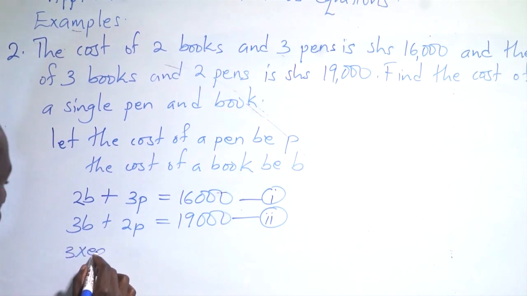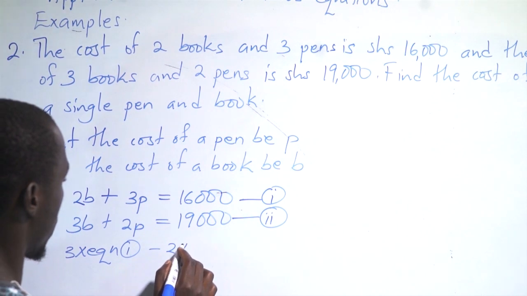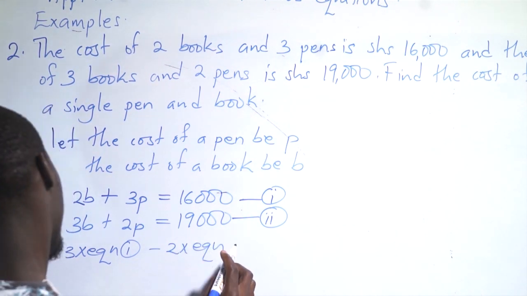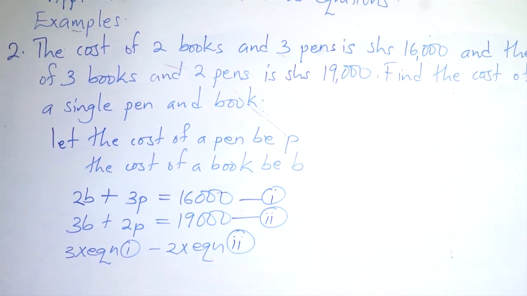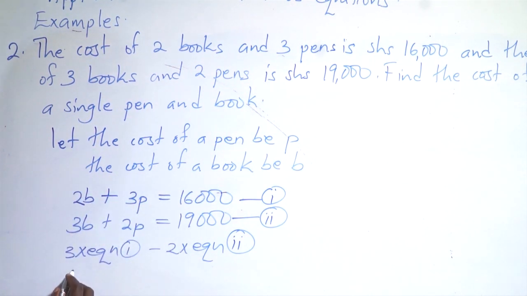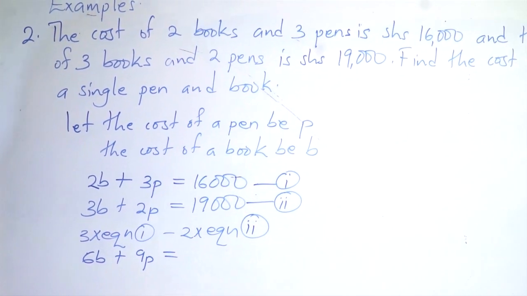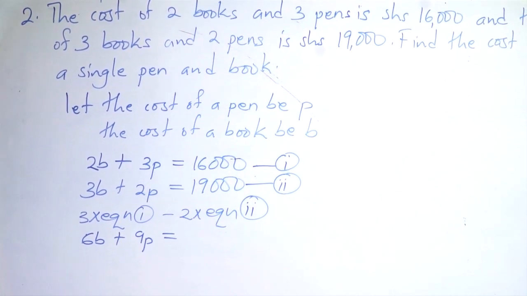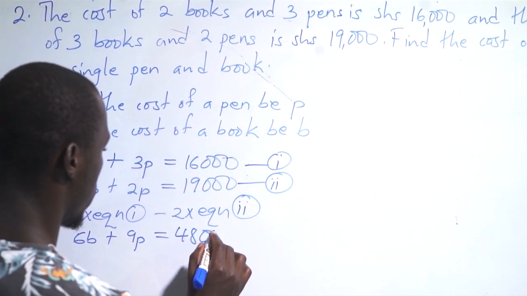3 times equation 1 minus 2 times equation 2. My aim is to eliminate the b. So when I multiply 3 throughout that equation, I'll be having 6b plus 9p is equivalent to 3 times 16, that is 48,000.